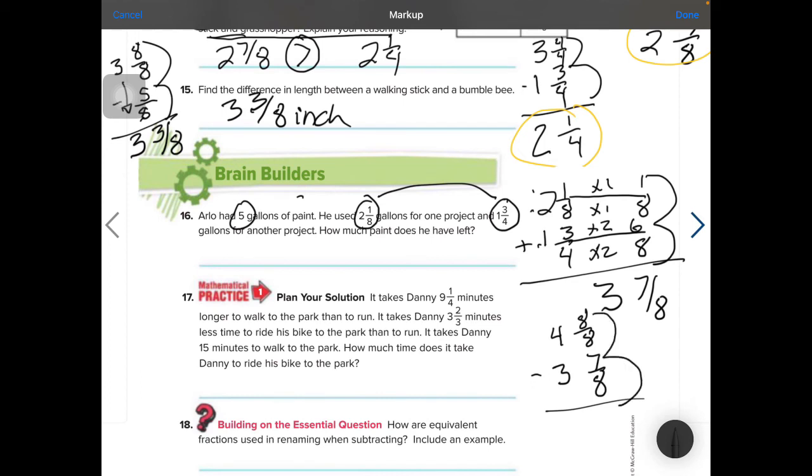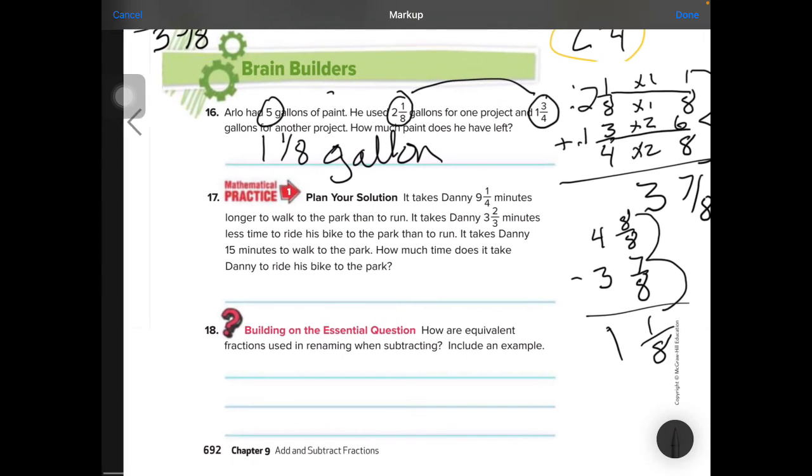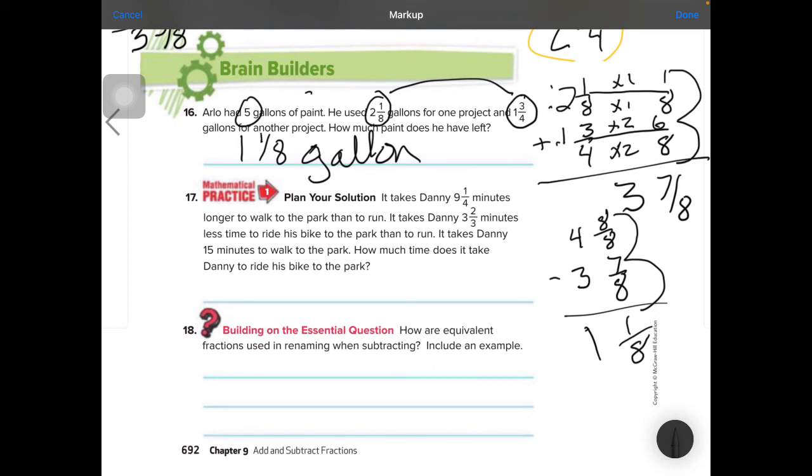That way we can subtract this a lot easier. 8 minus 7 is 1/8. 4 minus 3 is 1. Whoops, there we go. So we're going to have 1 1/8 of a gallon. Goodness gracious, that was crazy.